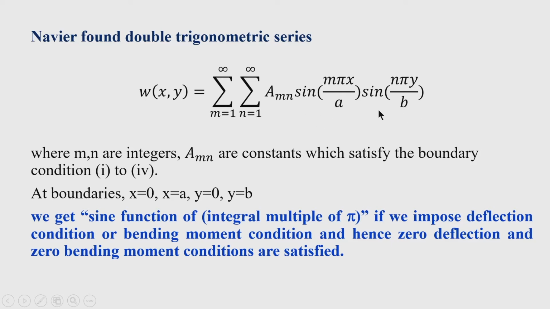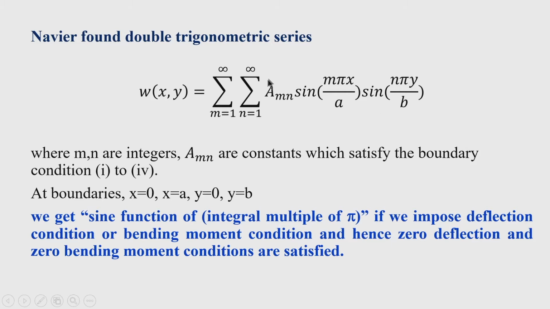Of course, for stress resultants involving higher derivatives the convergence may be slow, but within a maximum of say 5 to 7 terms, you will get convergence within the acceptable limit.